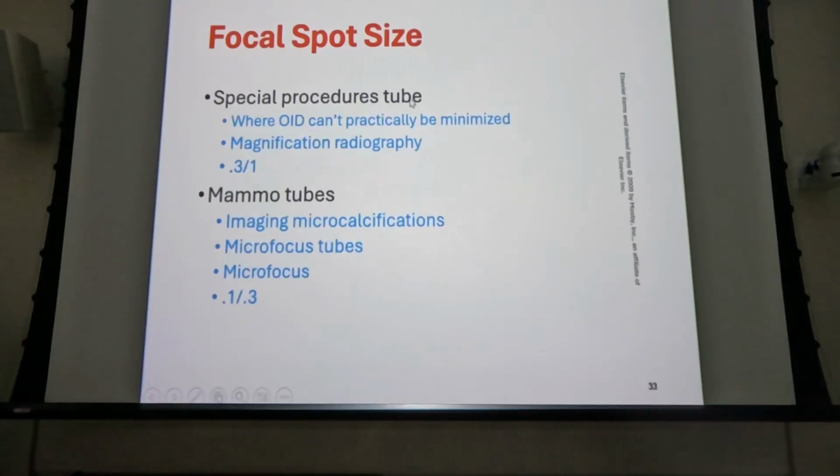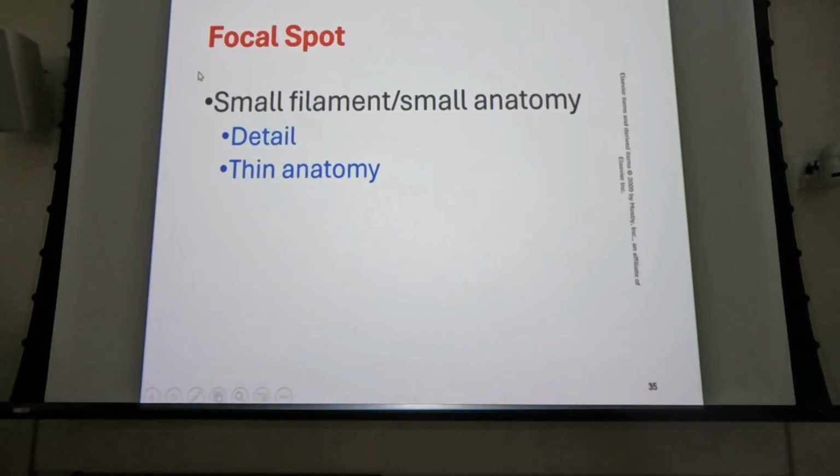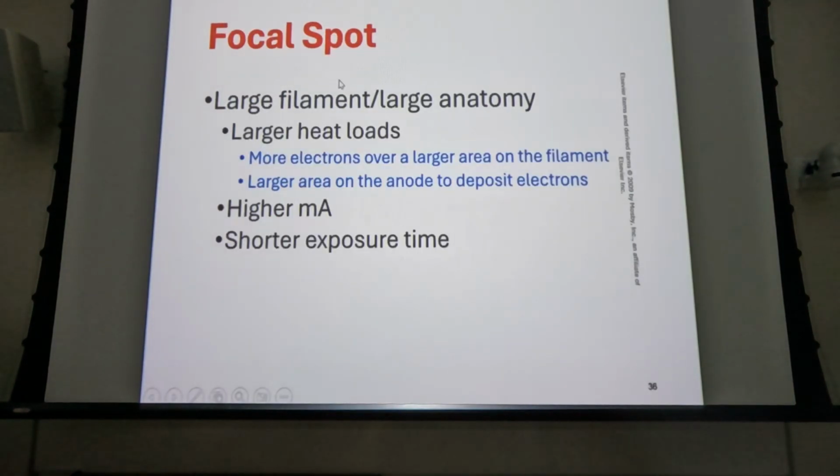So we had a number of different types. We had general purpose, we had special procedures, which utilize what we refer to as a fractional focal spot. In mammo tubes, we use microfocus tubes because we're looking for little bitty tiny things. So the filament size is what we're actually selecting on those.